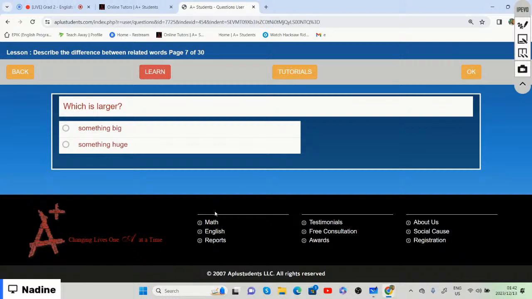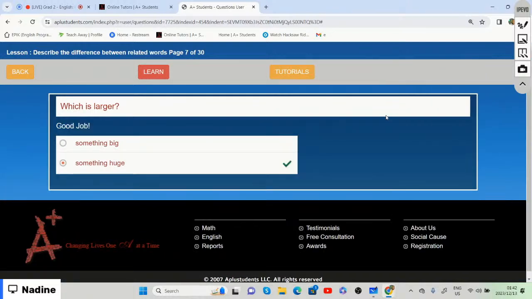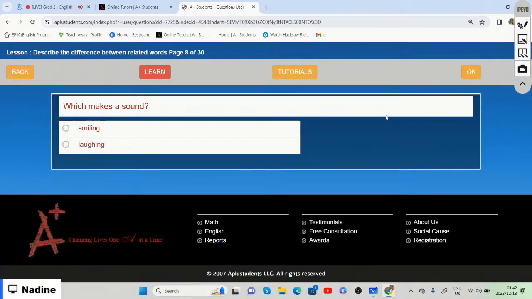All right, and which one is larger? Is it something big or something huge? Something huge is larger. And which makes a sound?